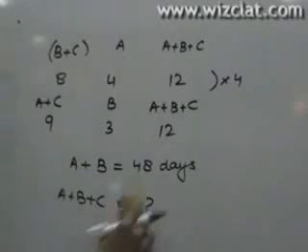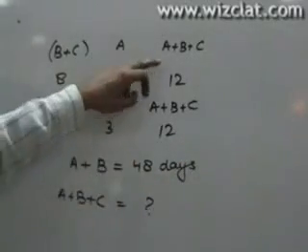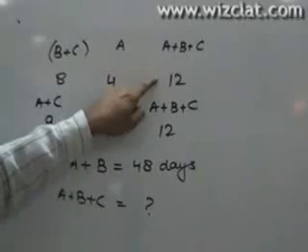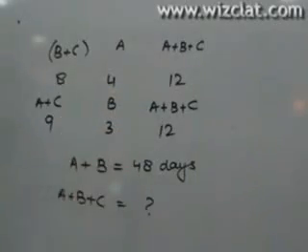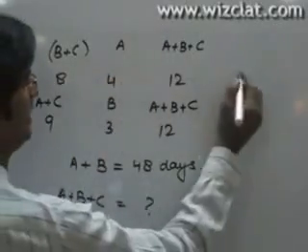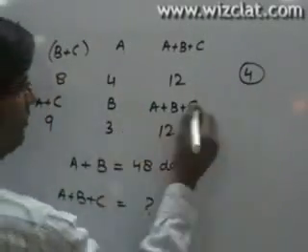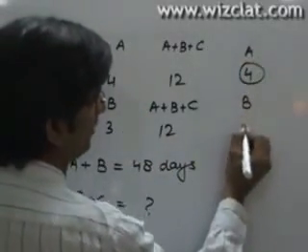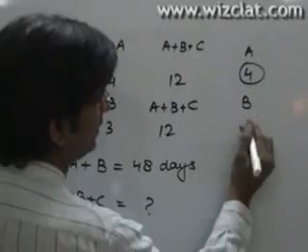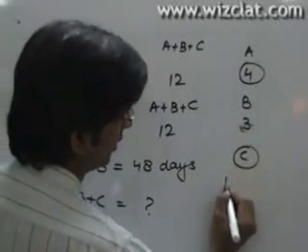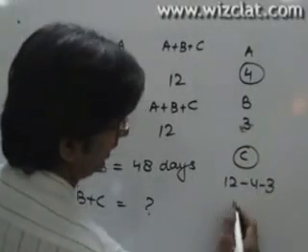So what I understand, when the combined efficiency of A, B and C is 12, then efficiency of A is 4, and efficiency of B is 3. Therefore, efficiency of C is nothing but 12 minus 4 minus 3, that is 5.